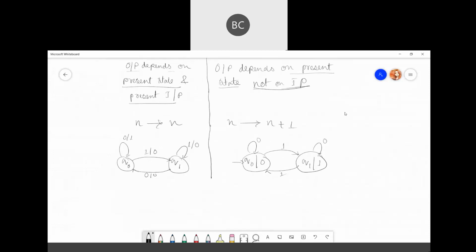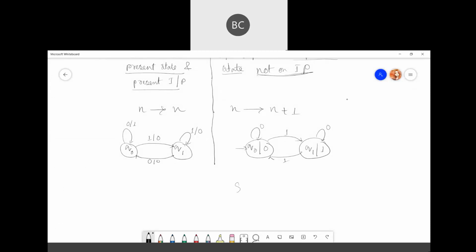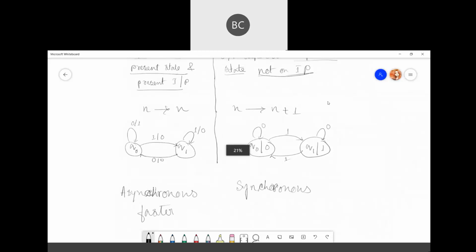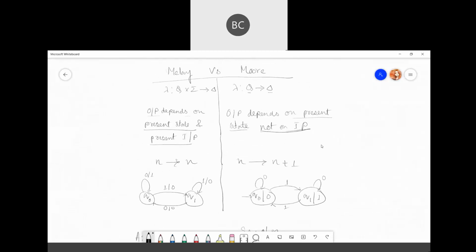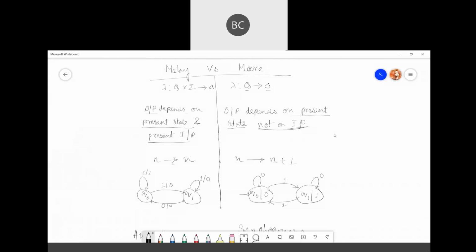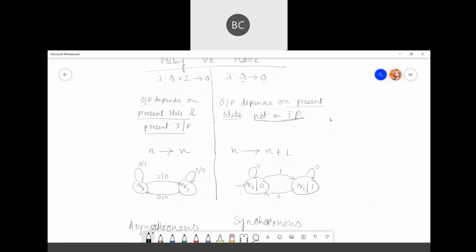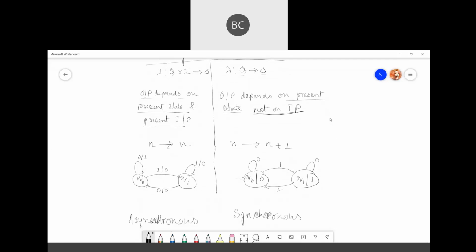Another point is there, but just remember this point. Normally this is synchronous and this is asynchronous. That means this machine is normally faster. Mealy machine is a bit faster than your Moore machine because Moore machine is synchronous with clock.